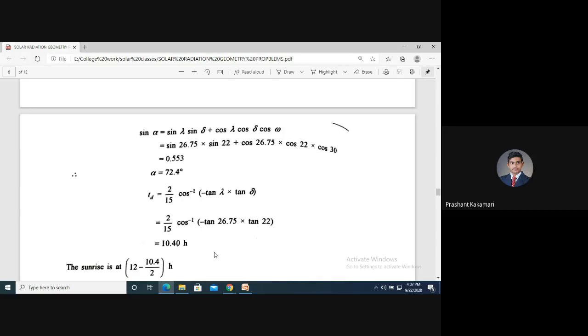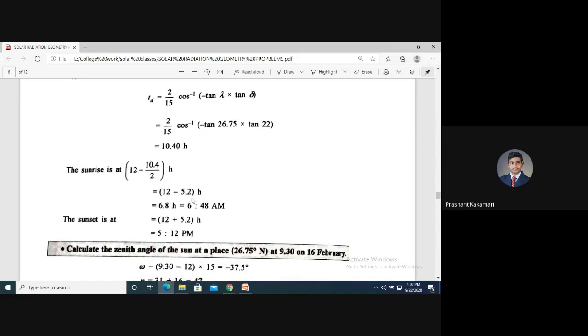And 12 minus that many hours: that is exactly what I'm doing, dividing that time into two halves, morning and evening. If I take 12 minus 5.2 hours, because 12 hours is the reference point, this comes to around 6.8 hours, or 6:48 a.m. So around 6:48 a.m. is the sunrise as per the given timings.